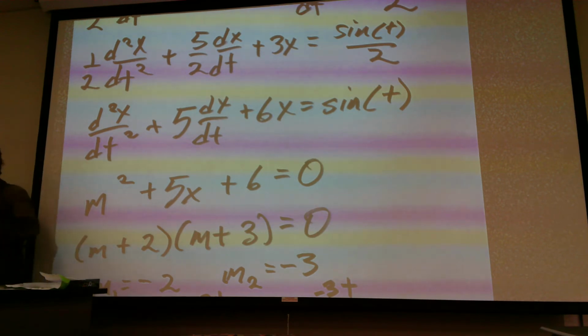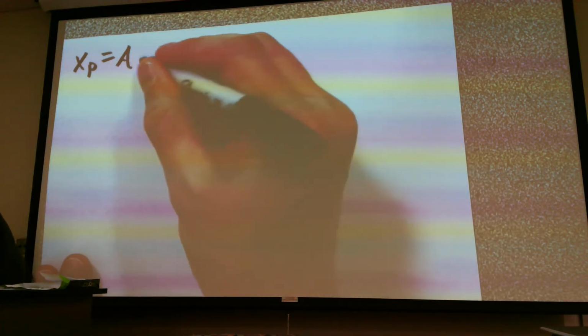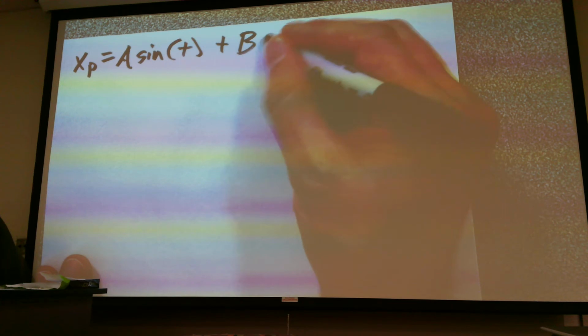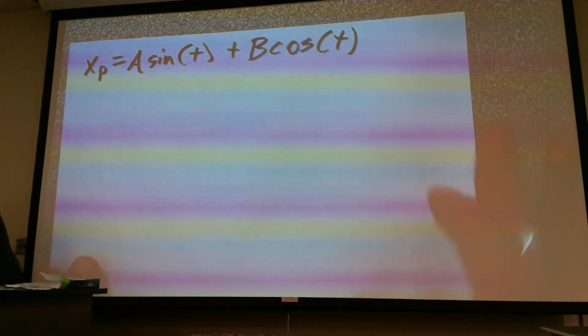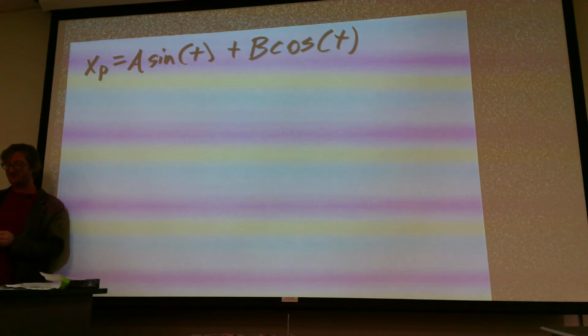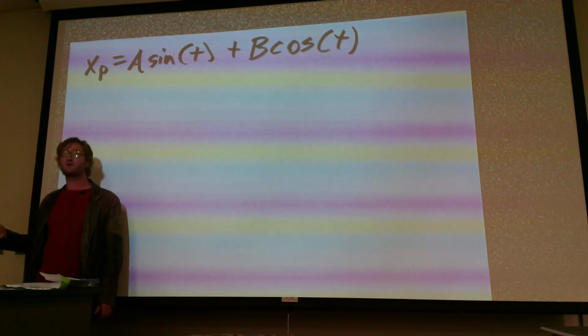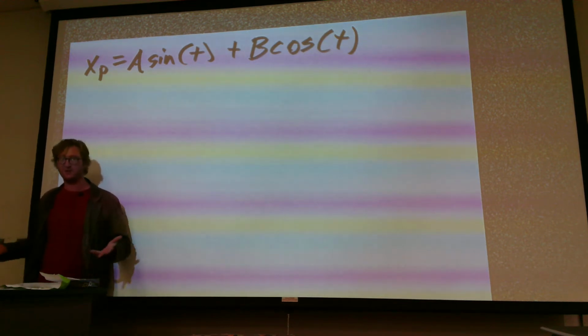So I'm going to guess that x sub p is going to equal a sine t plus b cosine t. Since we had sine on the right-hand side of the problem, you need a sine t and b cosine t, because whenever you take its derivative, sine turns into cosine. So that's why you need both of them.